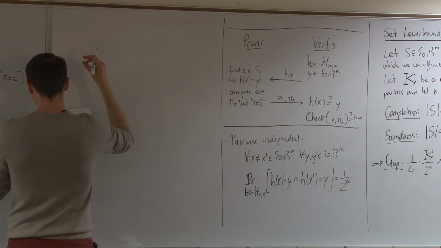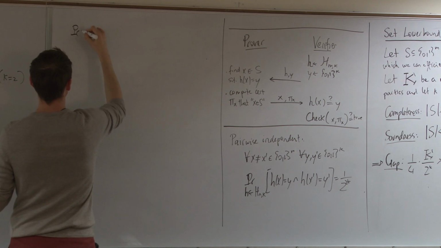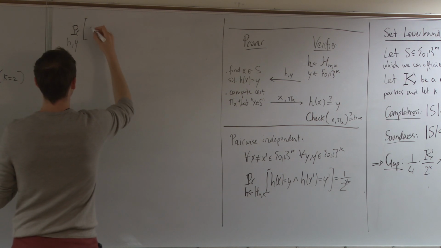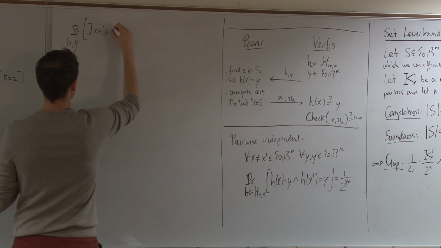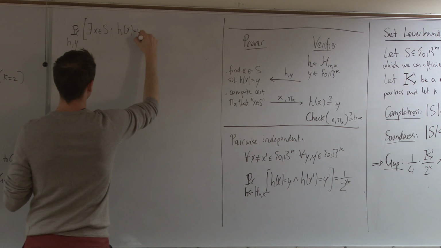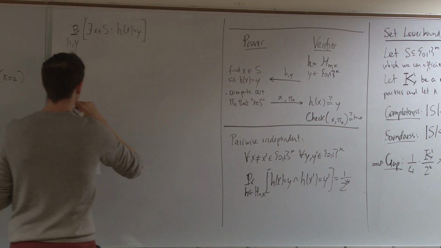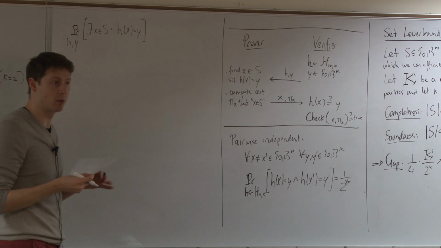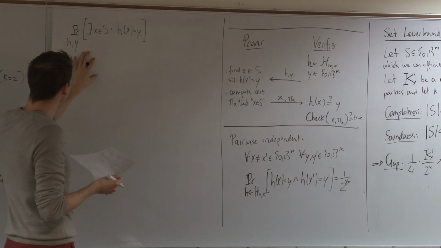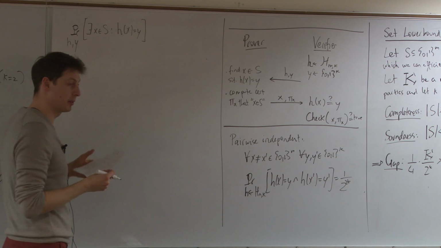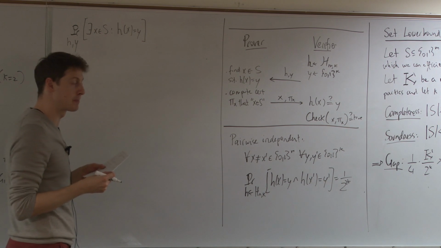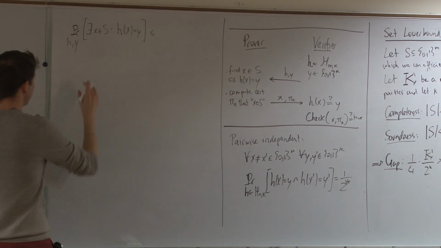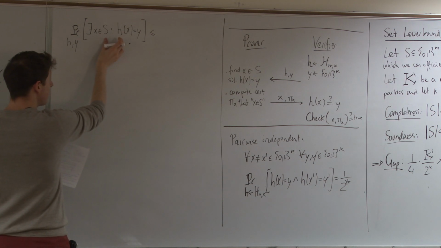So the main thing that we want to try to prove is, let's first look at this probability: the probability over h and y that there exists x in S such that h of x equals y. We want to derive an upper bound that has to do with the size of S. This is the event that there exists a winning strategy for the prover.